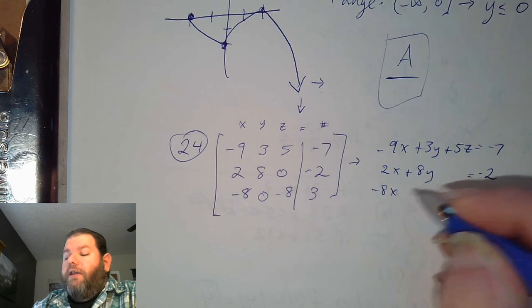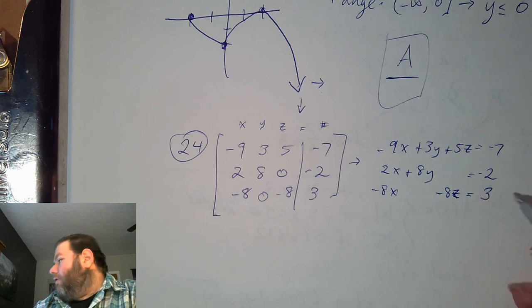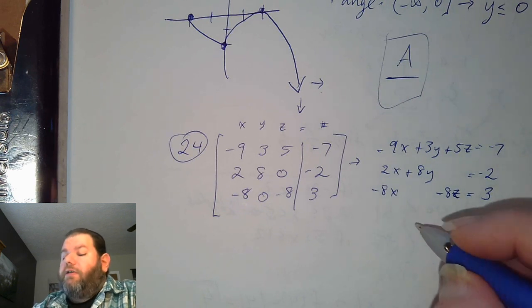And then negative 8x minus 8z equals 3. So that appears to be C. Yeah, C.